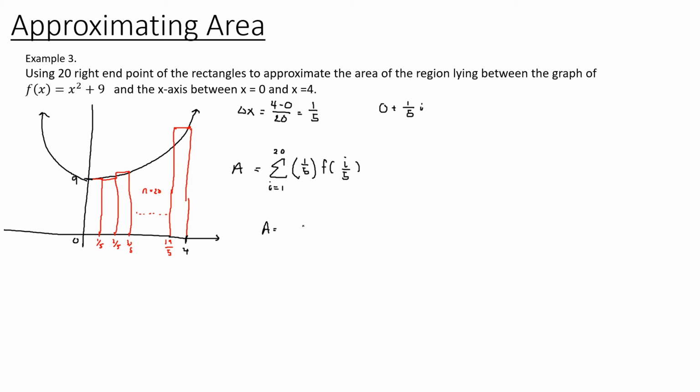So now we're going to use summation to calculate it. So factor out 1/5. f of i over 5 will be i squared over 25 plus 9.